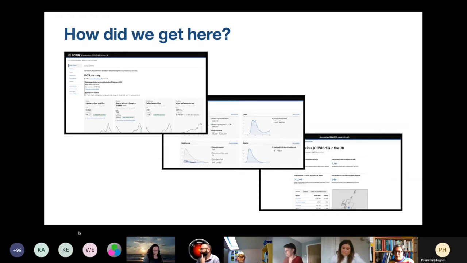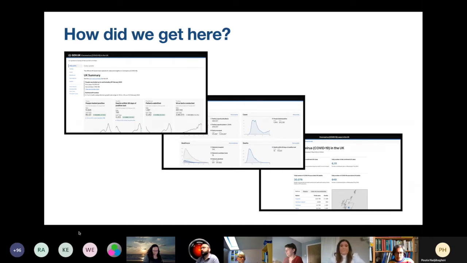We were then asked to spin up a dashboard, and in April 2020, the first version was available, which had the four metrics: daily cases and deaths, cumulative cases and deaths for each nation, and a small amount of data available for England, regions and local authorities.